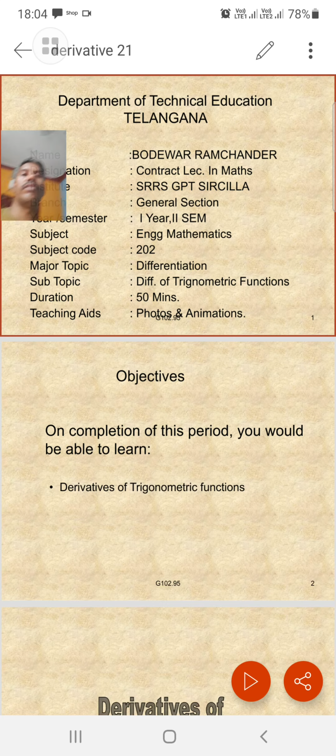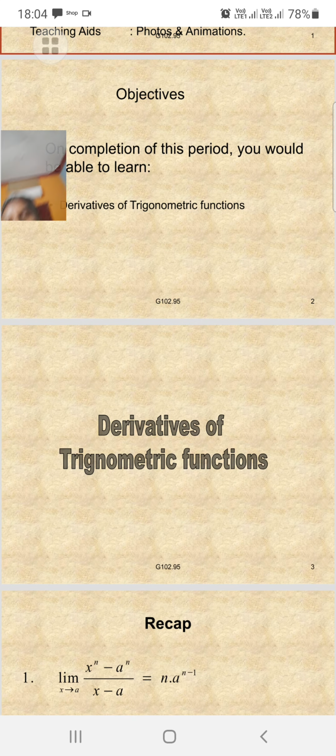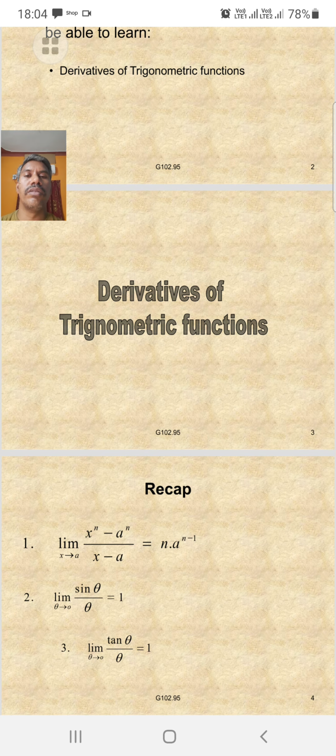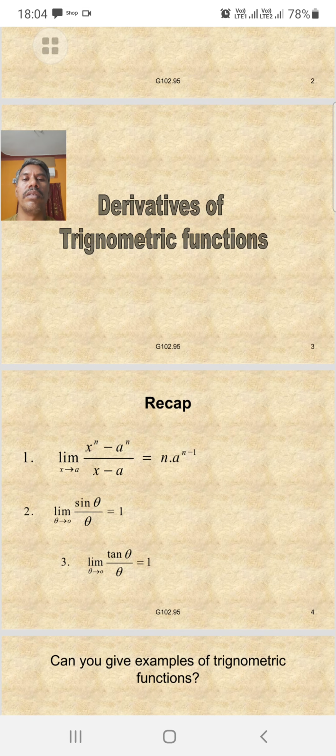The u by v formula is d by dx of u by v equals v into du by dx minus u into dv by dx, whole divided by v square. By using this, you can find the fourth answer.